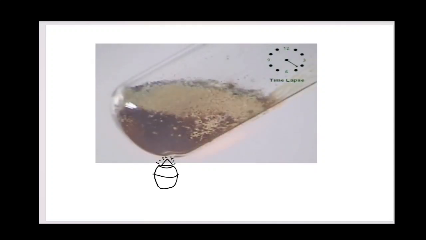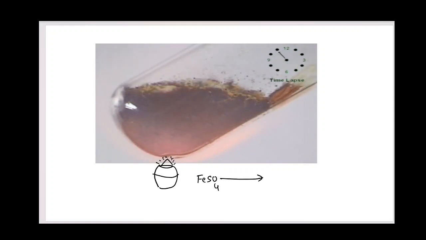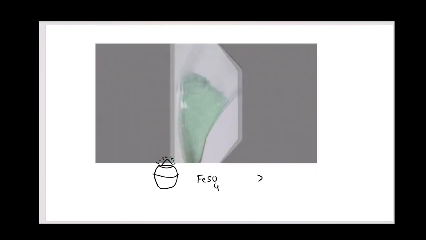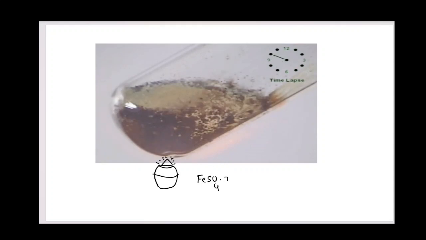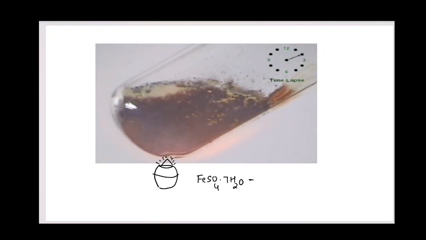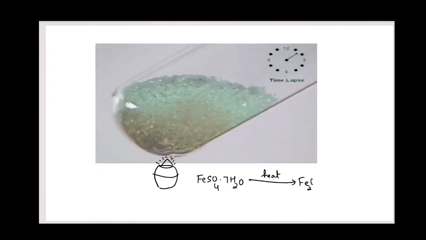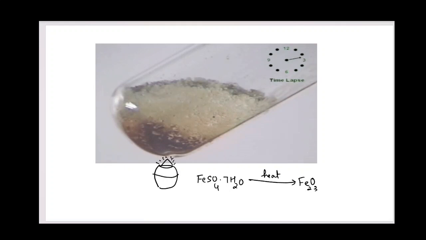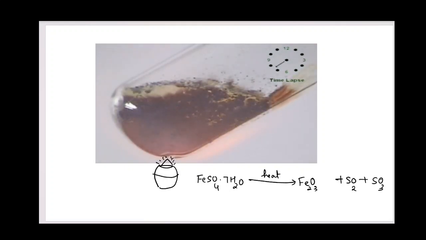Ferrous sulfate, FeSO4 7H2O, is heated. What happened? Ferric oxide, Fe2O3, plus SO2 plus SO3.